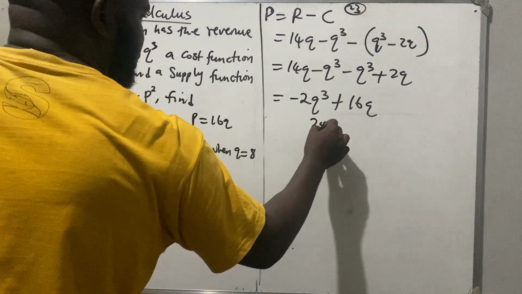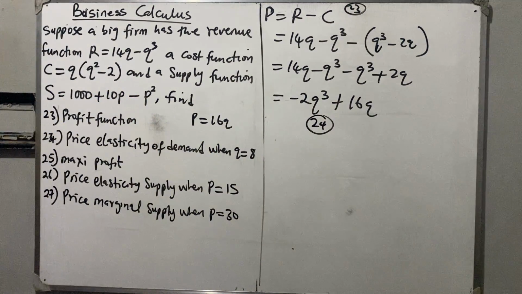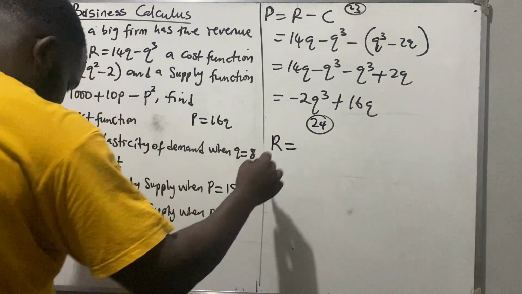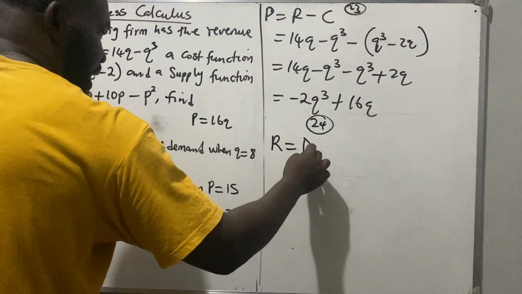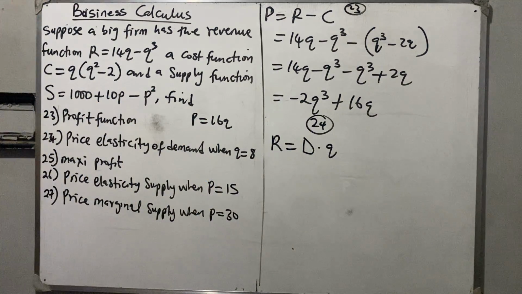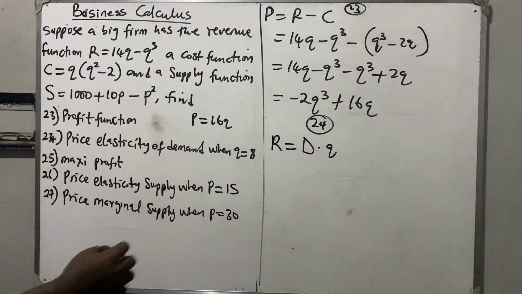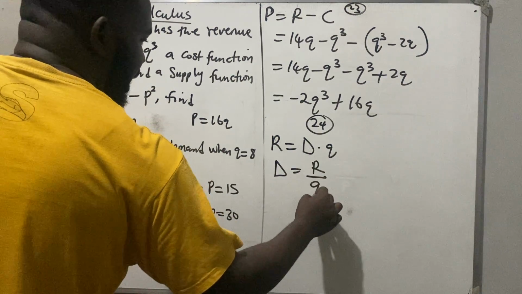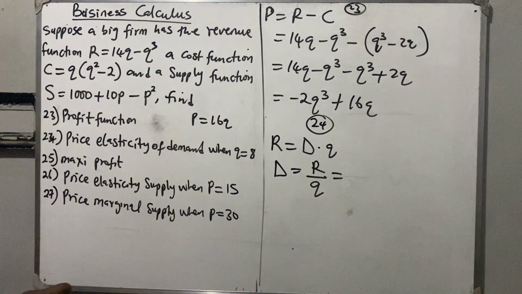For question number 24, price elasticity, first of all, you should know that revenue is equal to what? Demand multiplied by Q. So we need our demand. To get our demand is simply revenue divided by Q.